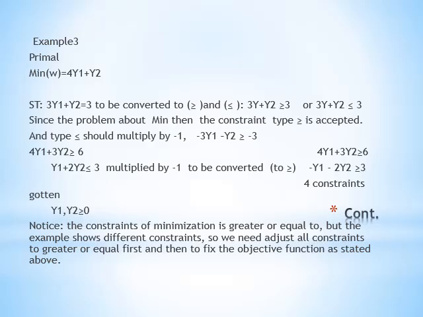Okay. Example 3. Primal given as minimization. Min W equals 4y1 plus y2, the objective function. 4 stands for the cost of 1 unit of y1. 1 is the cost of 1 unit of y2.